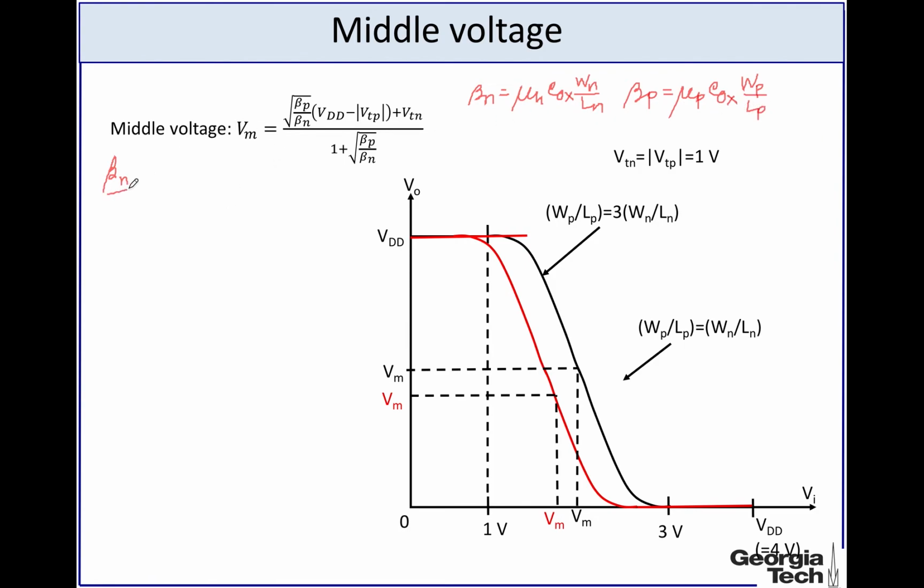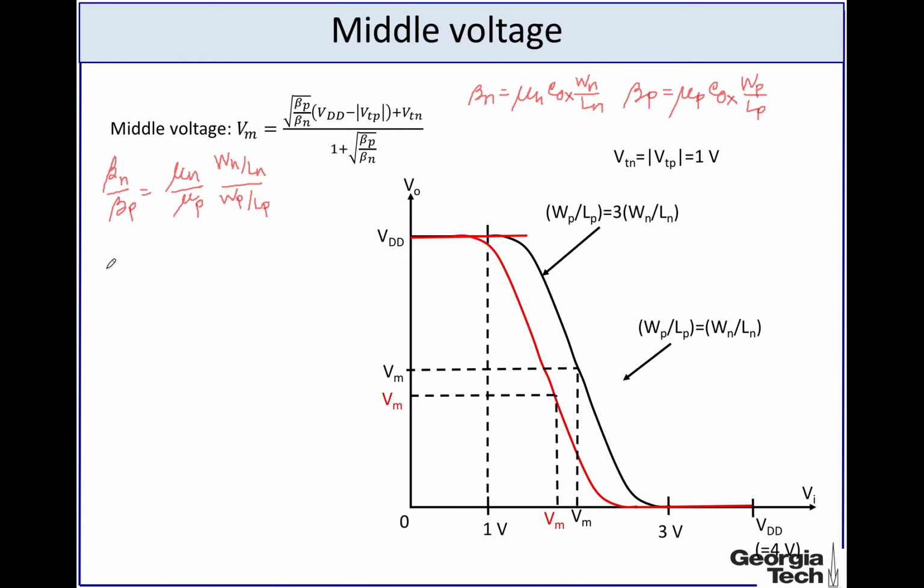Alright, so Wp over Wn is simply Wn over Wp, mu p multiplied with Wn over Ln over Wp over Lp. Okay.